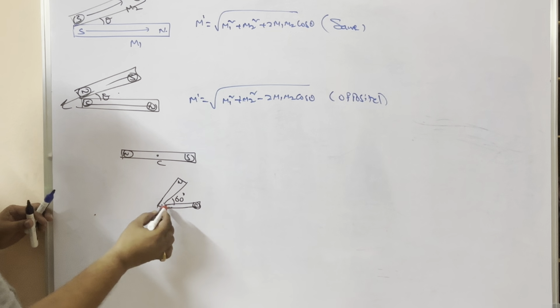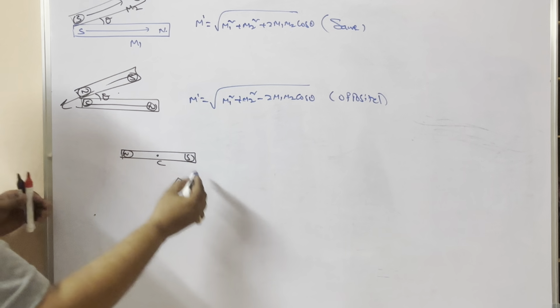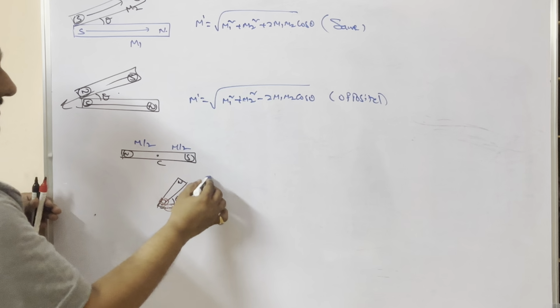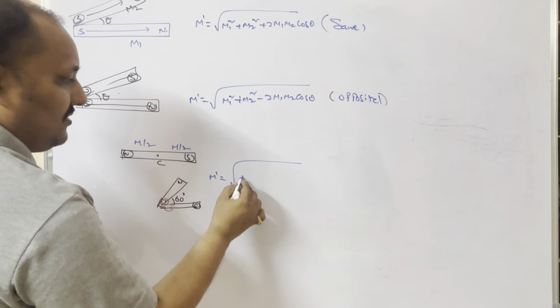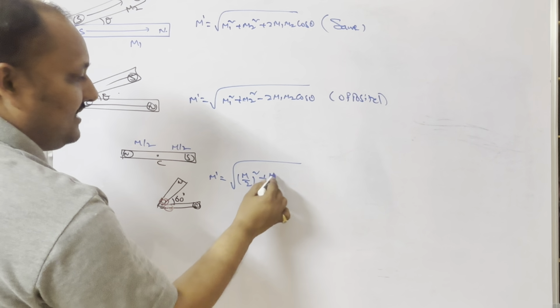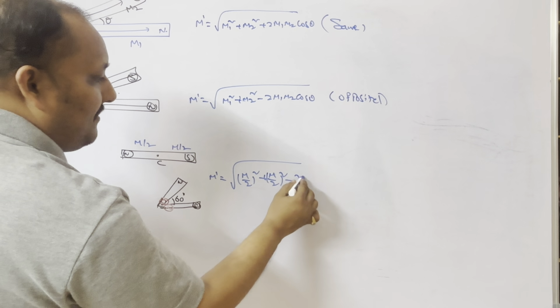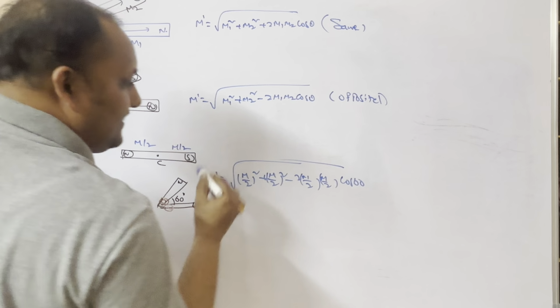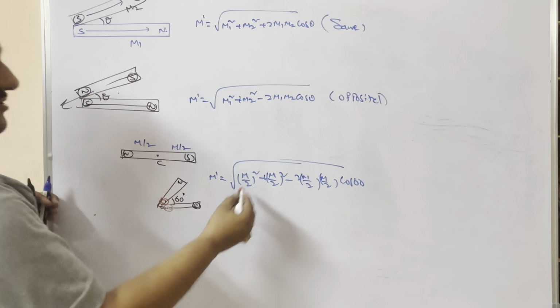Here south is there, so here north is available. Here north is there, so south pole. Therefore, you have to use the opposite poles formula. At the center, this is going to be M by 2 and this is going to be M by 2. So m dash is root of M by 2 whole square plus M by 2 whole square minus 2 into M by 2 into M by 2 cos 60. So you have to solve this.